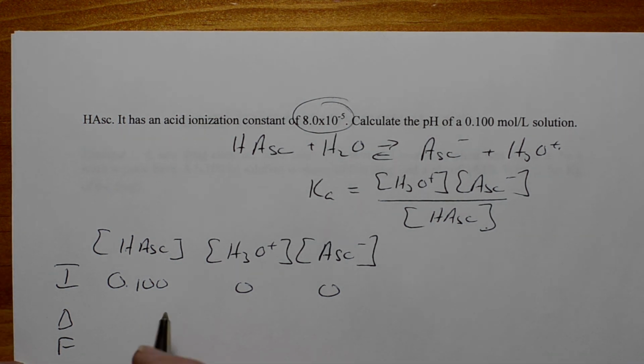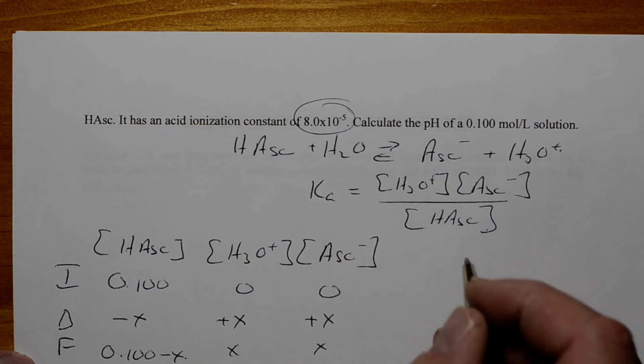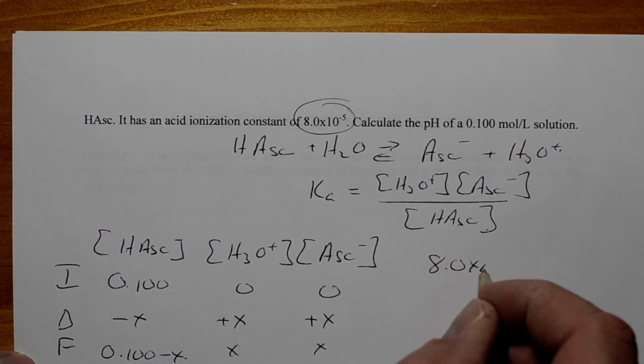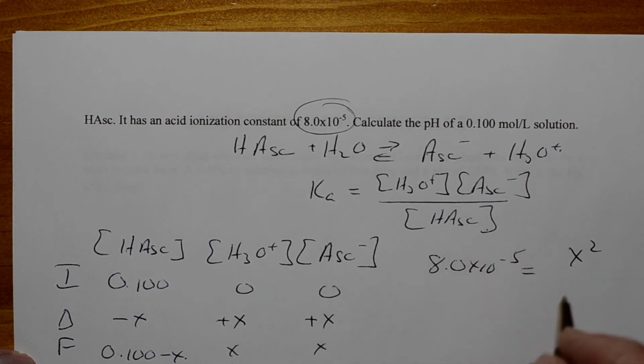So if you recall, we have to work with some unknowns. So we're going to say here minus x, and if that's going down by minus x, then these are going up by positive x. So I have x and x, and 0.1 minus x. Putting this into our equation, I have 8.0 times 10 to the minus 5 equals x squared divided by 0.1 minus x.